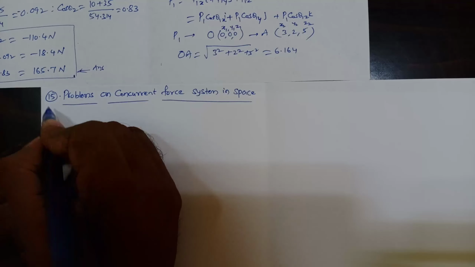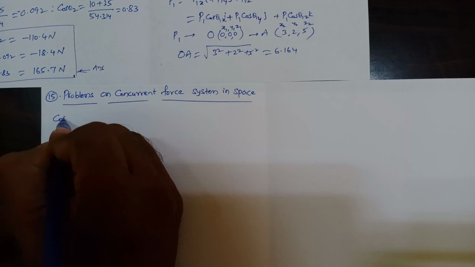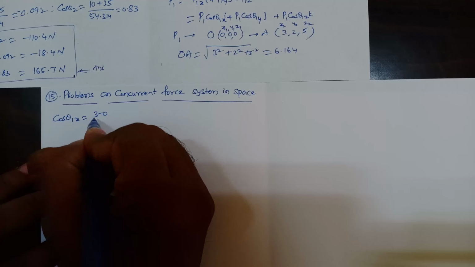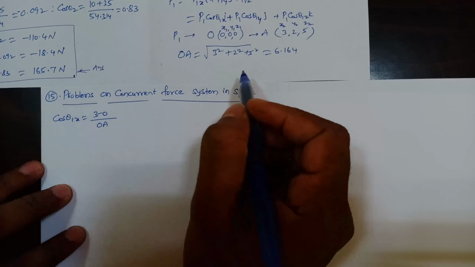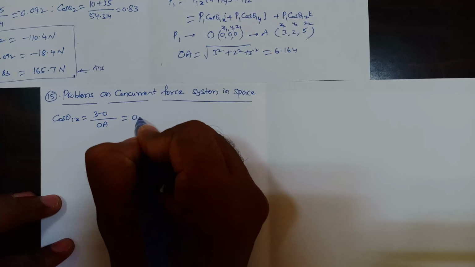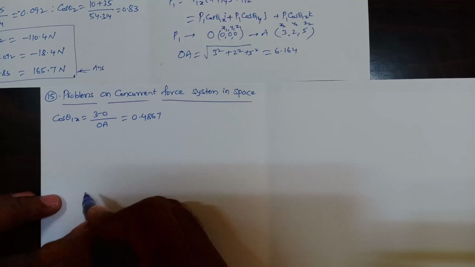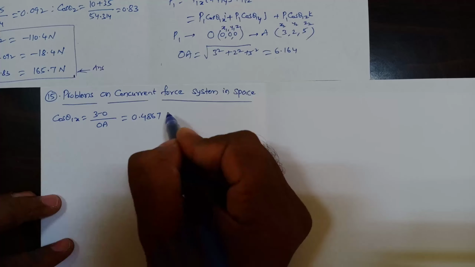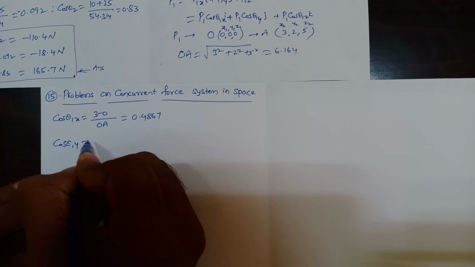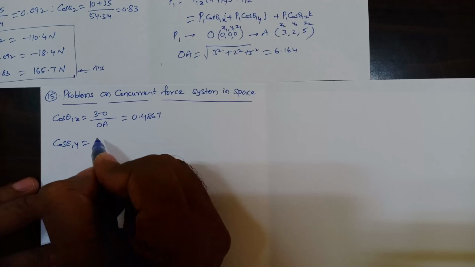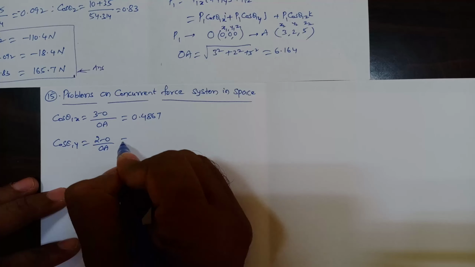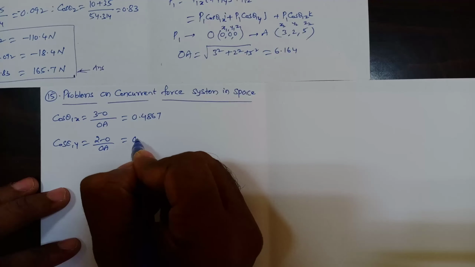Then from here we can find cos theta 1x, which is equal to (x2 minus x1), that is 3 minus 0, divided by OA value 6.164. This comes out to be around 0.4867. And cos theta 1y is equal to (y2 minus y1), that is 2 minus 0, divided by OA, and this comes to be around 0.3245.